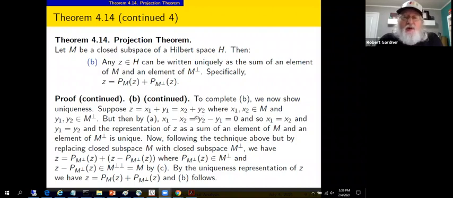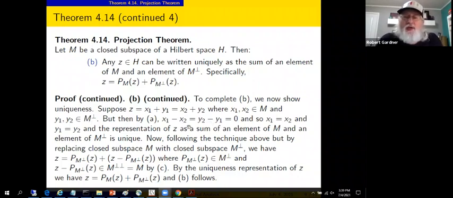Then we can take this part of the equality, rearrange it, take the X2 to one side and the Y1 to the other side, and we'll get X1 minus X2 equals Y2 minus Y1. But X1 minus X2, both of those are in M, it's a subspace, so that vector difference is in M. Y2 minus Y1, both of the Y's are in M perp, so that difference is also in M perp.